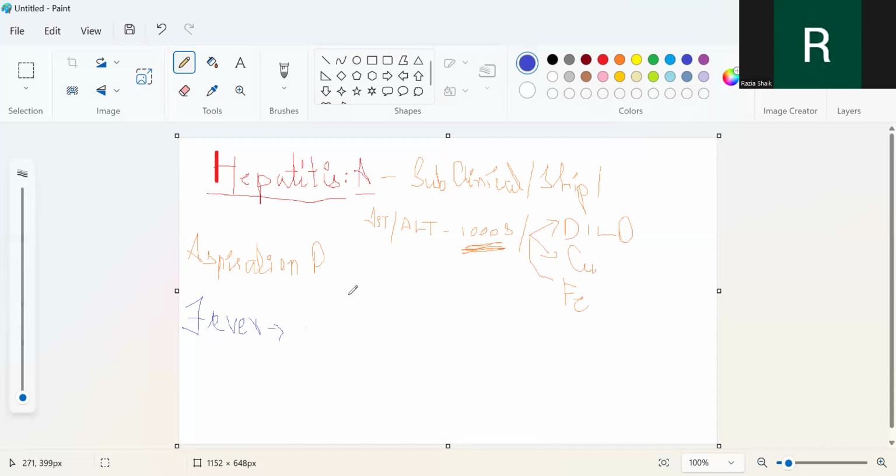We tend to give acetaminophen, yes? So what happens when we give acetaminophen in a hepatitis patient? We are causing further damage. So it is always important to avoid this.